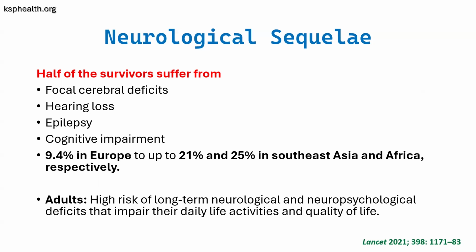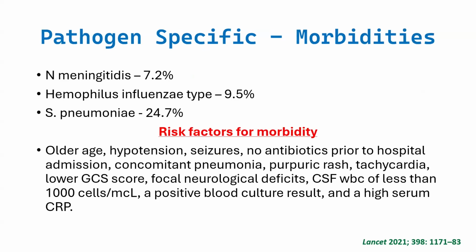The high risk of long-term neurological and neuropsychological deficit impairs daily life activities and quality of life in adults. So it's very important in meningitis patients to identify and treat immediately, because of high mortality, and even among survivors, half of them will suffer from other neurodeficit.